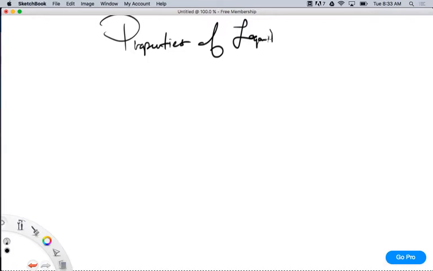Next, properties of logarithms. That was evaluating logarithms. Now we go on to properties of logarithms. There are three properties of logarithms.